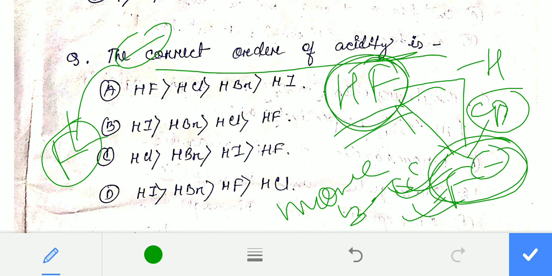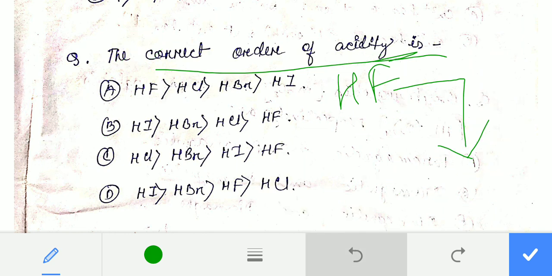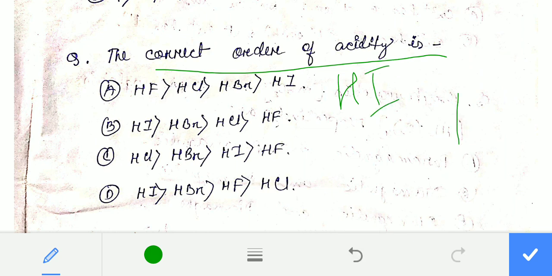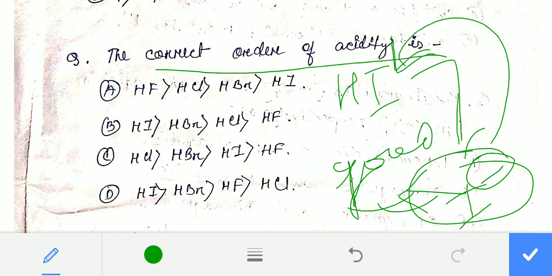For HI, its conjugate base is I minus, which is not a good base, or you can say not reactive, because of its large size. Since it is not a good base, its conjugate acid will be the most acidic. So HI is the most acidic and HF is the least acidic compound.